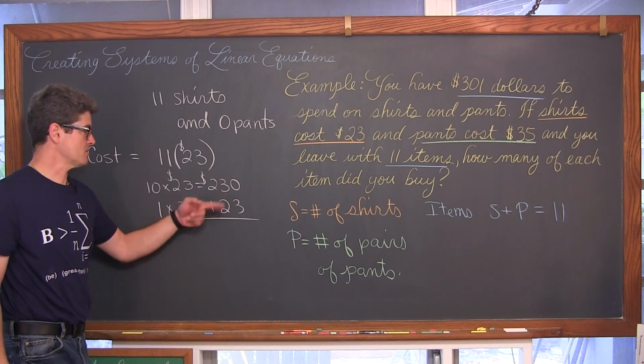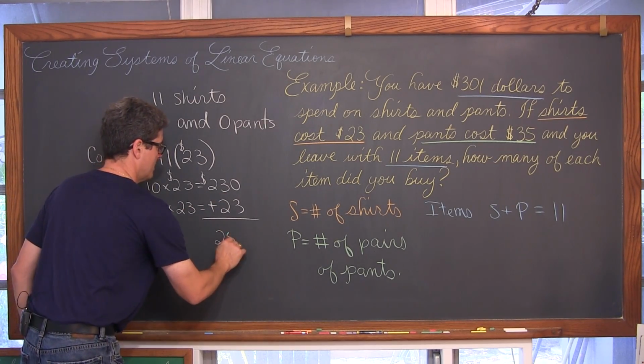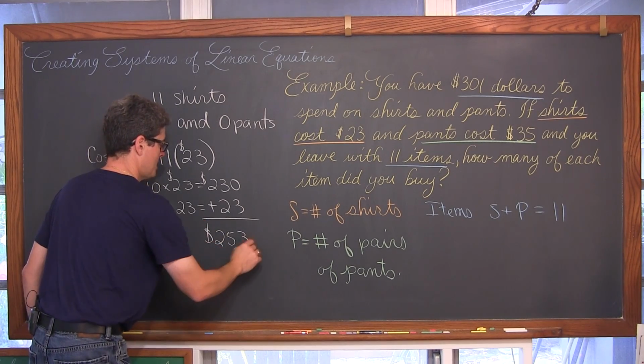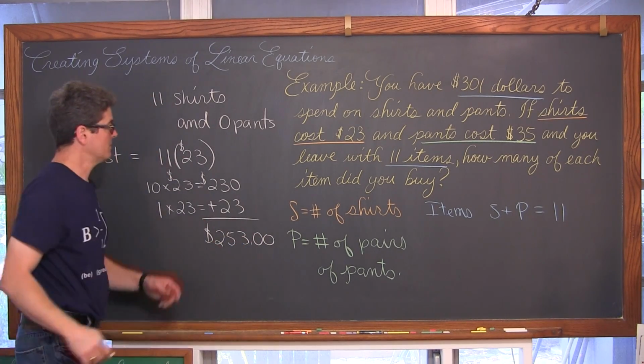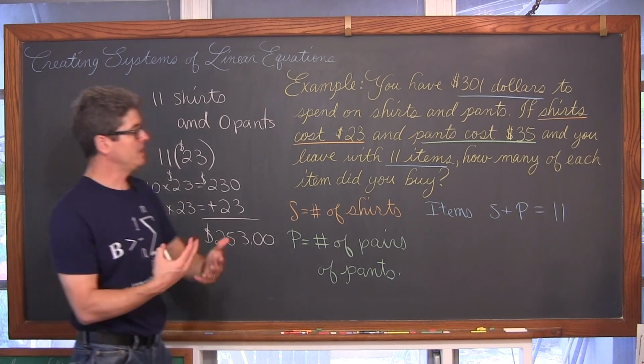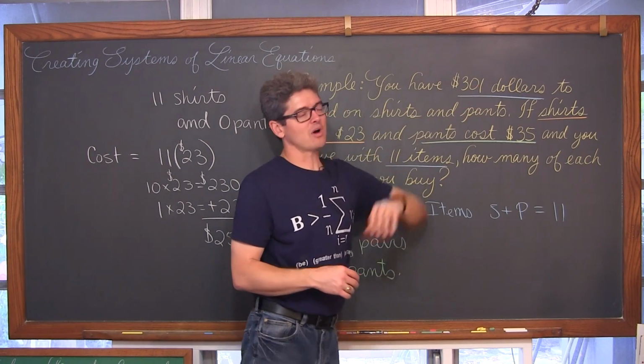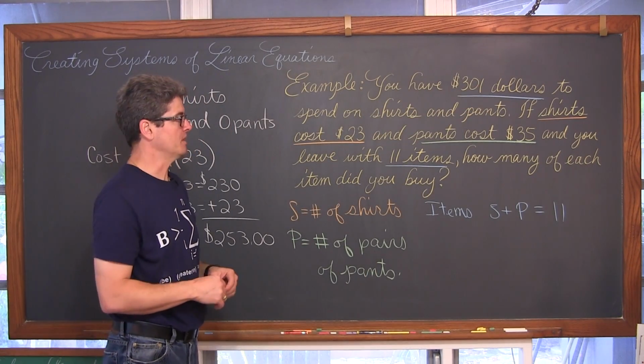Those first 10 shirts plus the additional 1 shirt to make a total of 11 is $253. So that combination of 11 shirts and 0 pants, while meeting the requirement of buying 11 items, does not meet the requirement that we've spent $301.